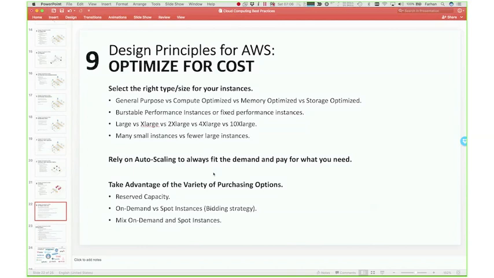Where it is usable, say you are running a NoSQL DynamoDB cluster, and this cluster makes use of 10 instances, for example. You can run 2 reserved instances, and the rest of the instances you can run as spot instances. And you define a bidding strategy that whenever an instance is taken away by Amazon, you again bid for a higher cost, and you take the instances again for an hour or for 2 hours or for 3 hours.